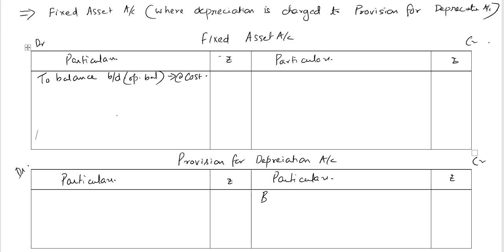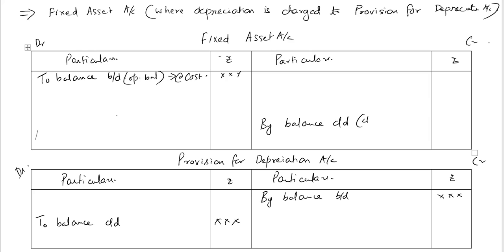The opening balance of provision for depreciation account by balance brought down. And the closing balance, to balance carried down, the closing balance of provision for depreciation account, and in the case of fixed asset account also, by balance carried down, closing balance at original cost.